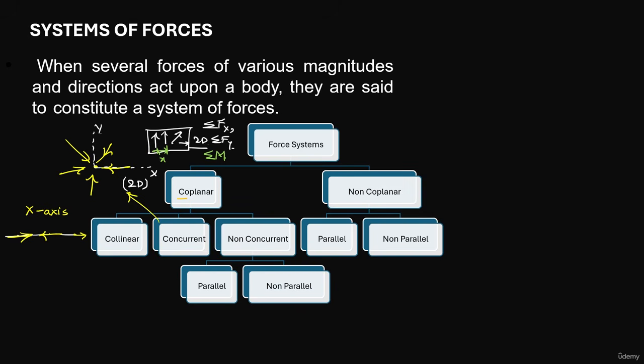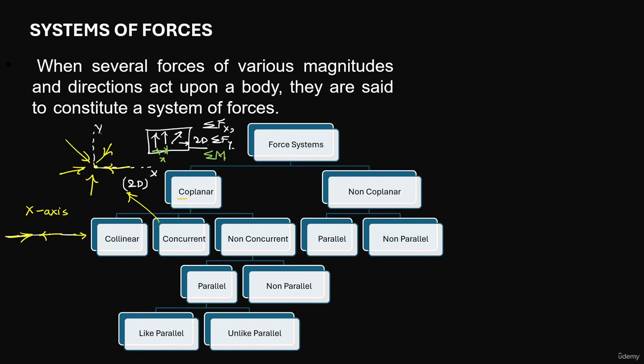Under parallel forces, they could be like or unlike. If unlike parallel forces are there, they will definitely cause rotation of the body. So we will be able to judge the problems based on this classification, and it's really very important for us to understand this.